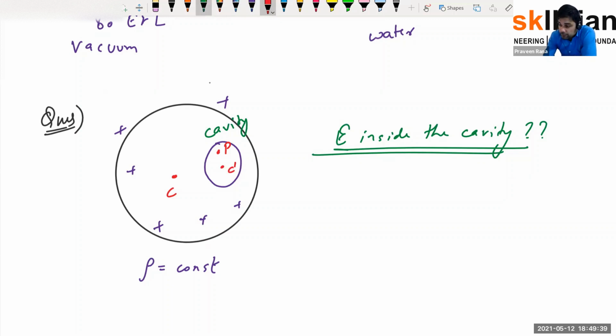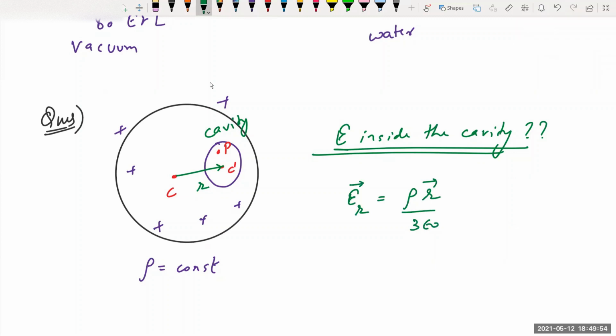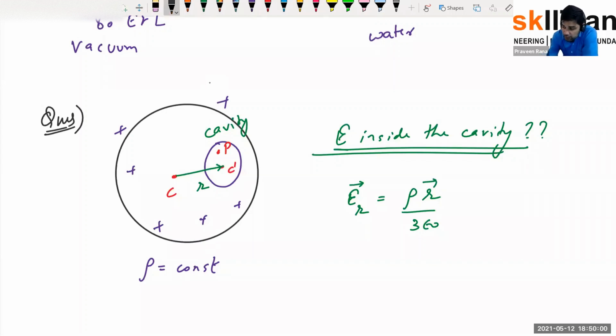Let's say we know that this distance is R. So electric field at a distance R would be equal to rho R over 3 epsilon naught. Right? Yes. Now, let's say that this distance is R dash.